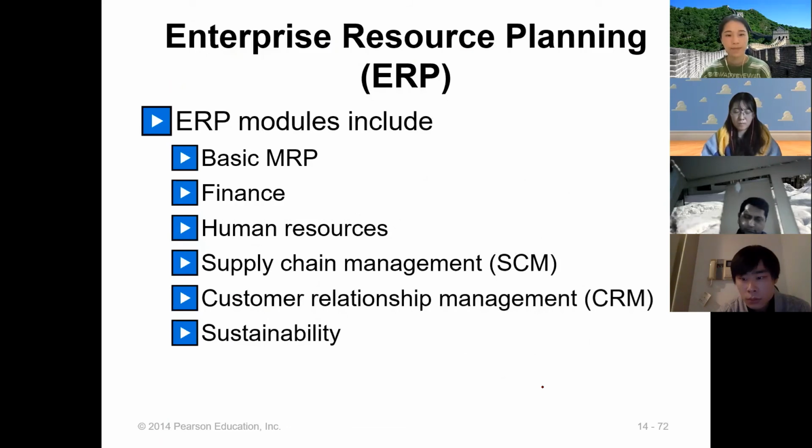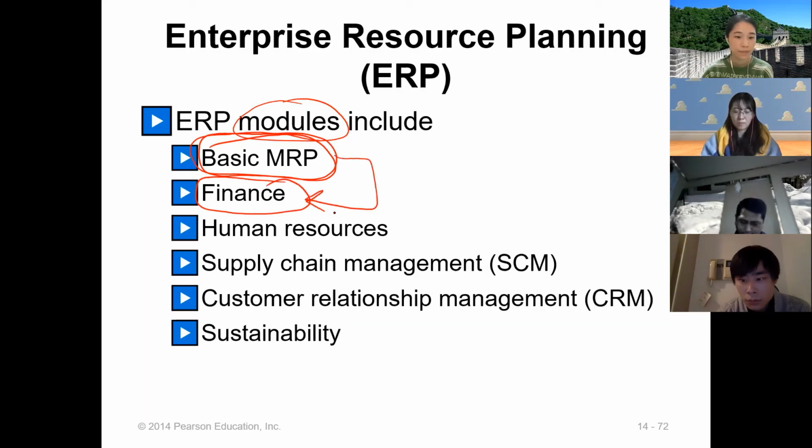So imagine modules, it is a software. Basically, it's a system, it's a software. So there are modules. A module means one particular segment of the software that can actually take care of basic MRP, which we showed just now. There is a module for finance because you can connect the data here and generate your financial report, your costing.